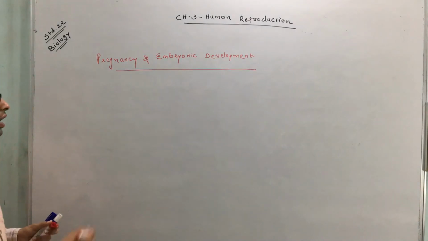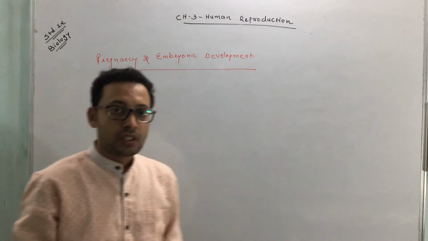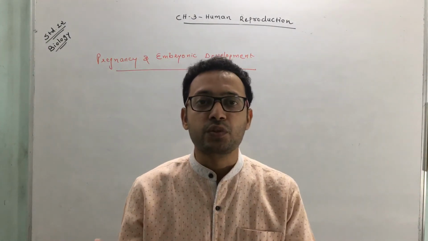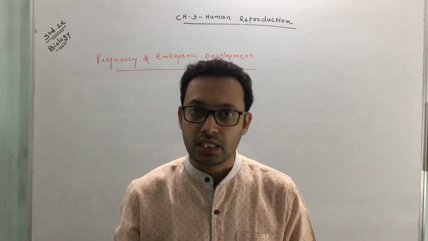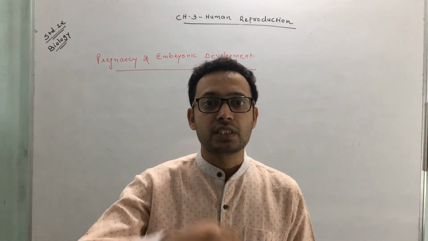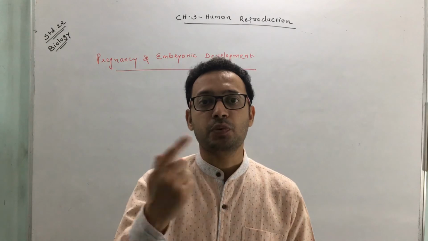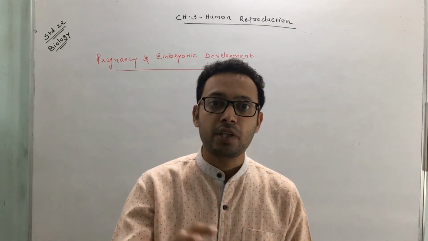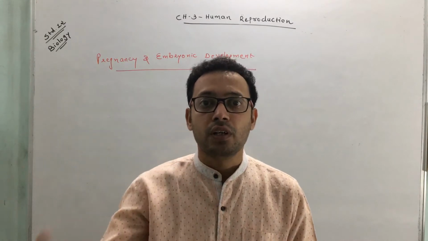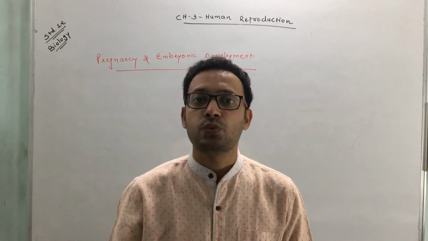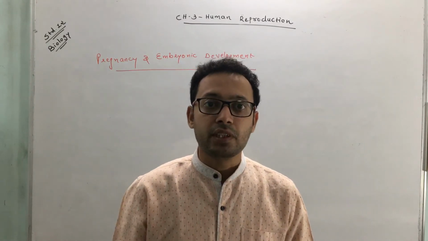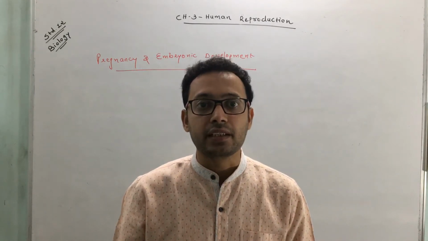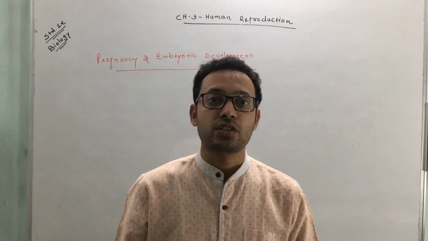So how does pregnancy result? For a pregnancy, fertilization is the essential component, meaning a fusion of a sperm and the ovum is necessary. Once the fusion takes place, the next process is implantation. That means the attachment of the blastocyst to the inner wall of the uterus, which we call the endometrium. This attachment of the blastocyst to the endometrium lining is called implantation.